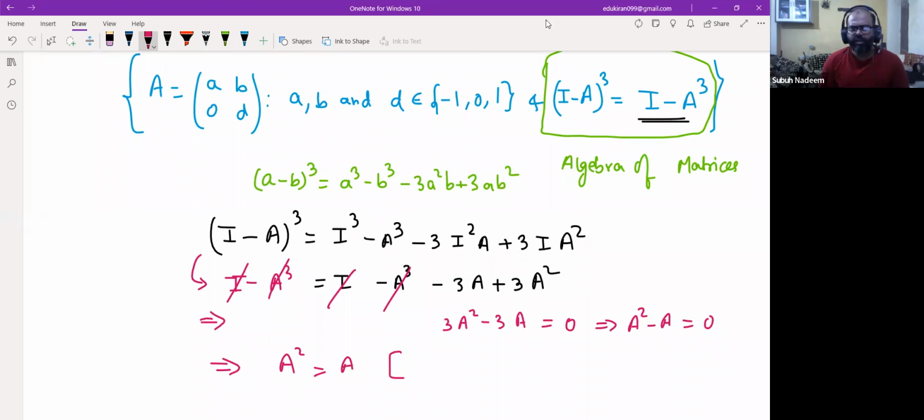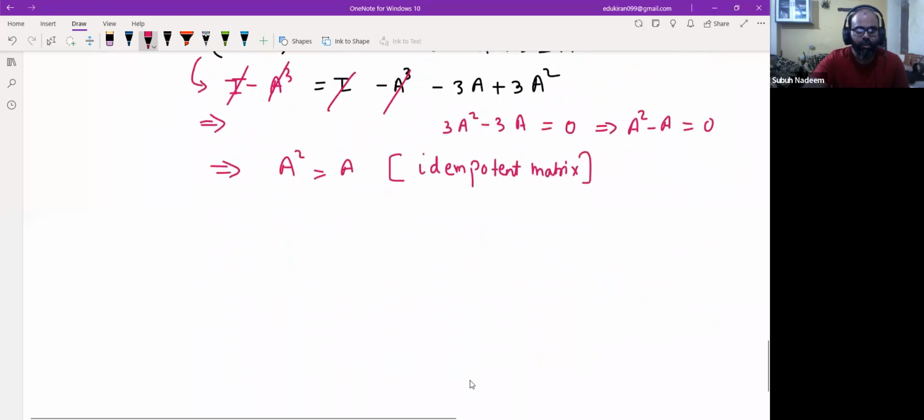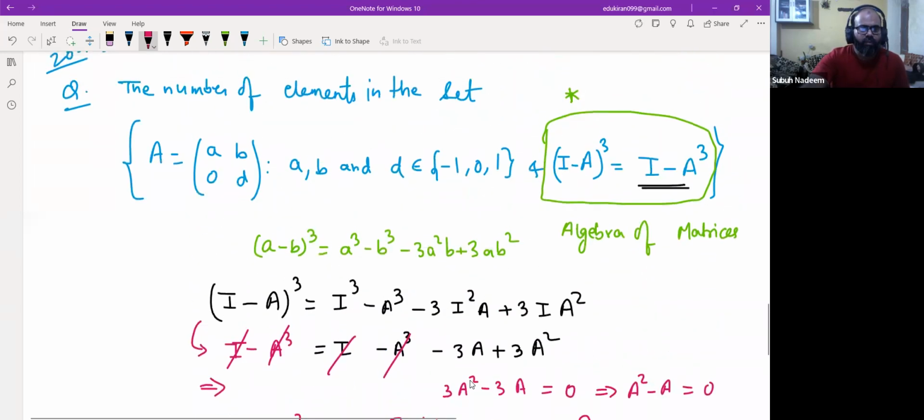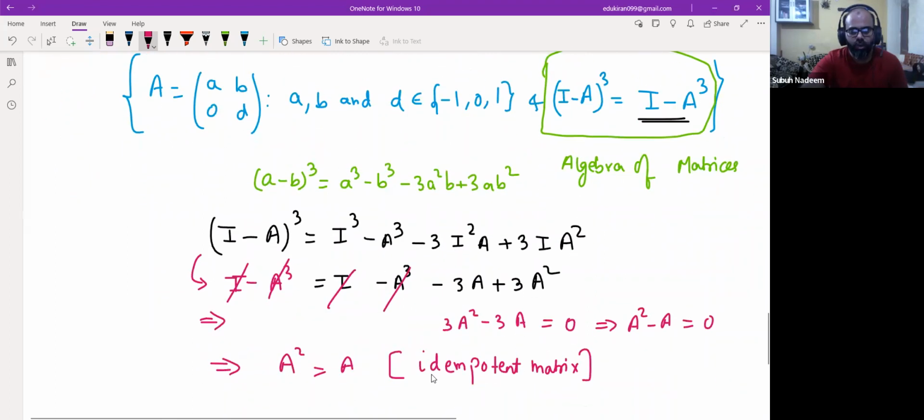Can anyone tell me what is the name of such type of matrices, where the square of the matrix is same as the matrix? Such matrices are called idempotent matrices, right? These matrices are called idempotent matrices. So A square equal to A, then it is an idempotent matrix. Now, what was A? A is [a b; 0 d].